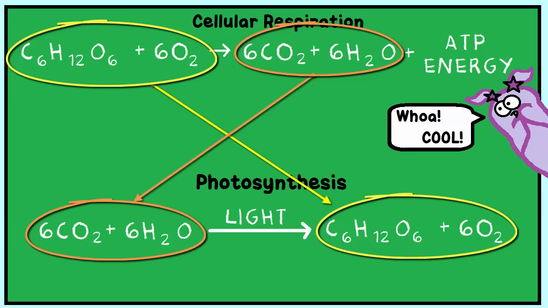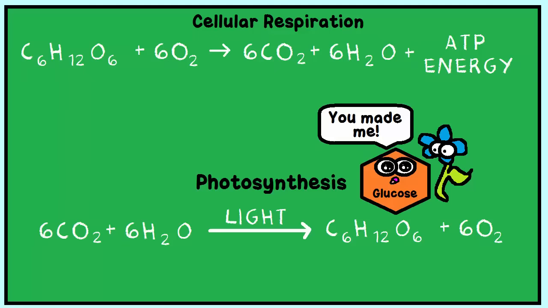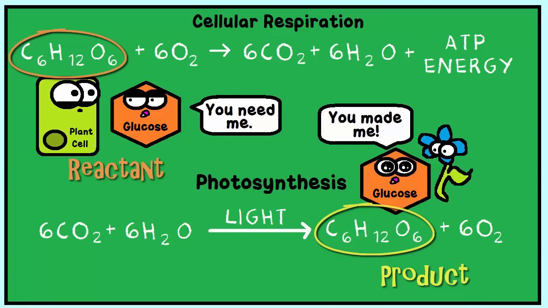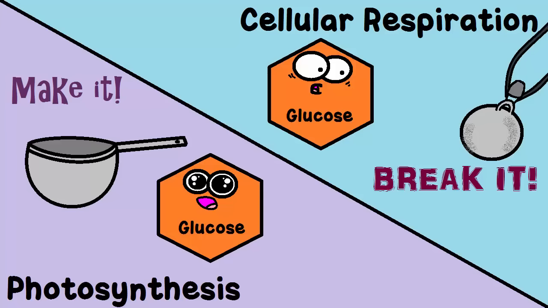See, in photosynthesis, organisms like plants and some types of protists, for example, they make glucose. Notice how glucose is a product. But in cellular respiration, we break the glucose. Notice how glucose is a reactant in order to make ATP energy. So, photosynthesis makes glucose, and cellular respiration, it breaks glucose.